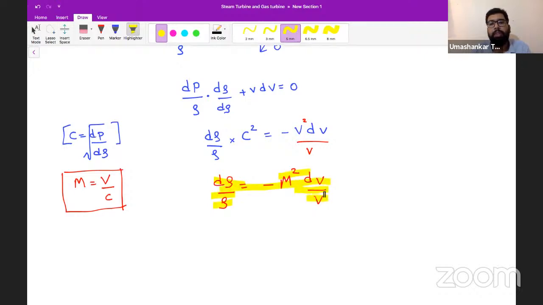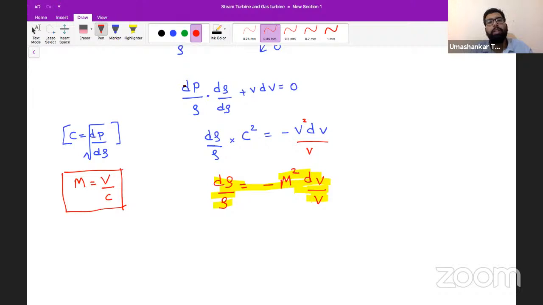If we have to see how the velocity is changing with respect to density or vice versa, we require to incorporate the Mach number as well, because then only you can tell.